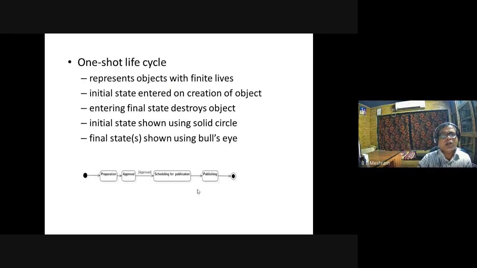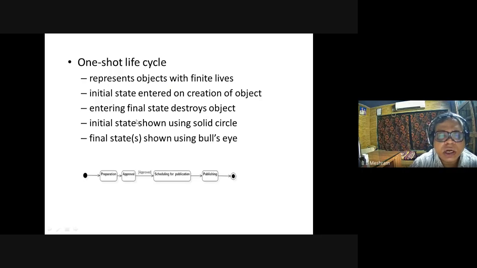Objects for which a one shot life cycle state transition diagram is drawn have a fixed life from start till end state. Now, in this figure, preparation, approval, approved, then state is scheduling for publication, then publishing, and then end.